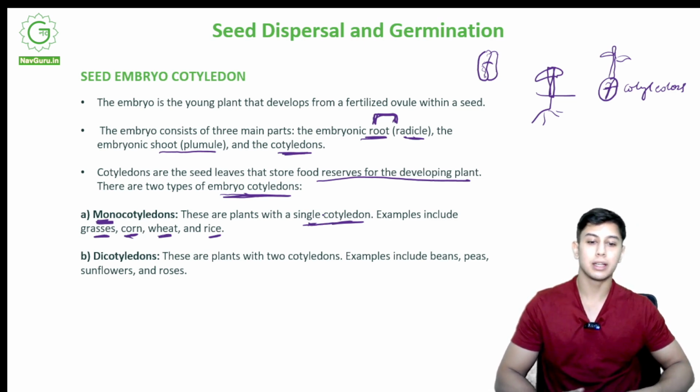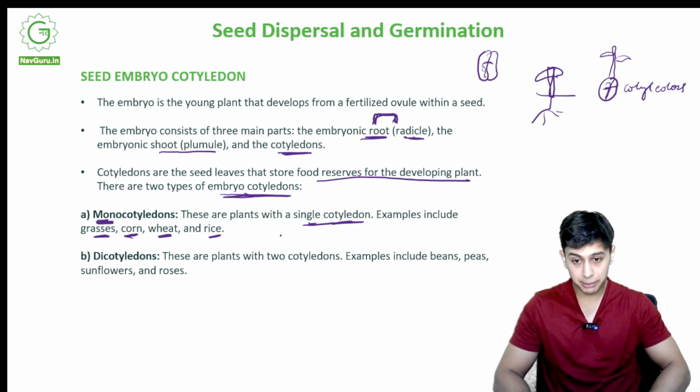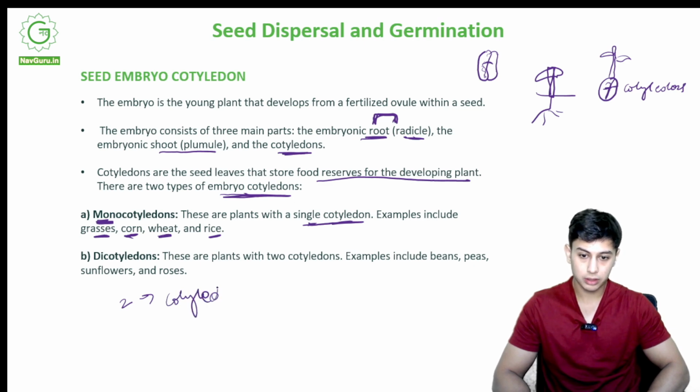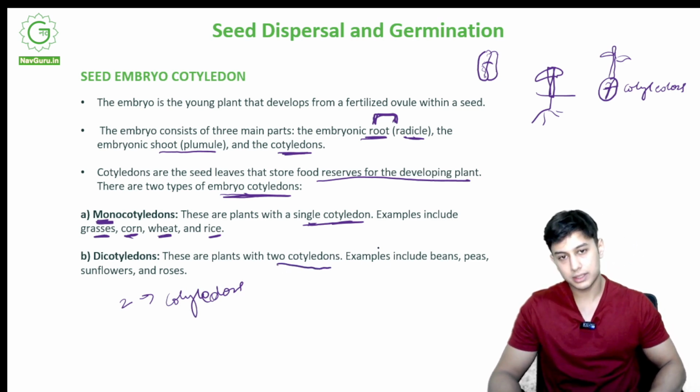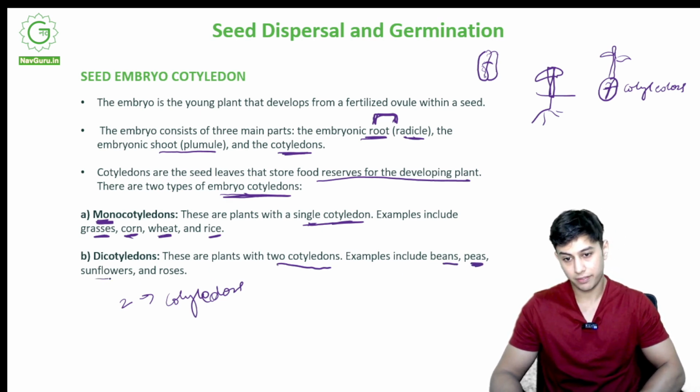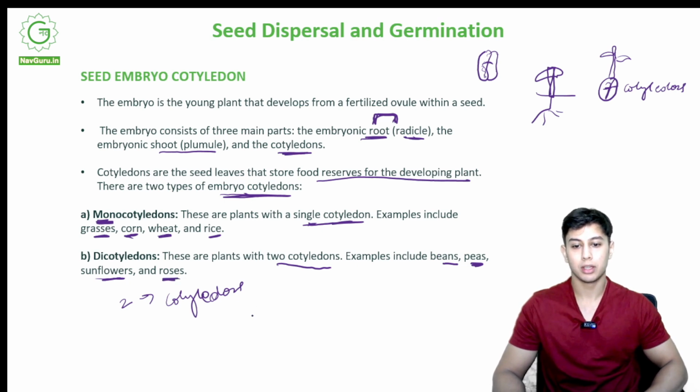Now we come to dicotyledons. What are dicotyledons? Di means two over here. Di means two cotyledons. Here you see two cotyledons. Examples of such seeds are beans, peas, sunflowers and roses. So for example, kidney beans, rajma, is a dicotyledon.